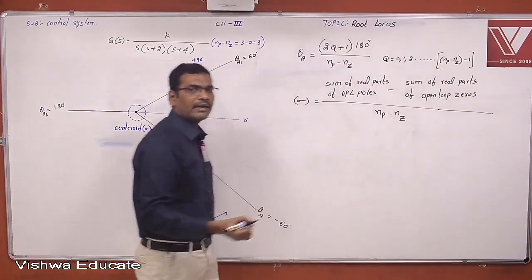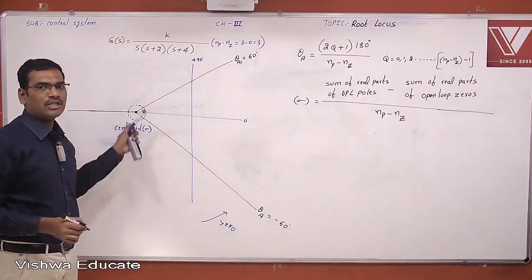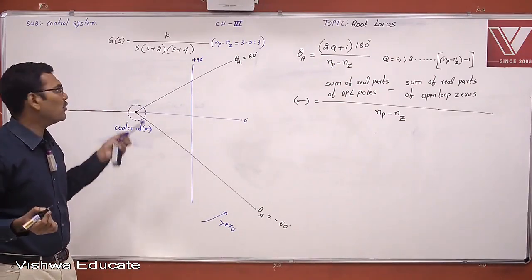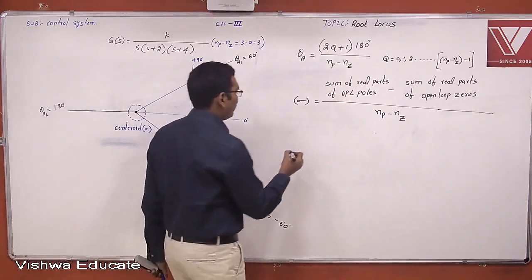Why the real part? Because this intersection point is on the real axis, therefore there is no need to consider the imaginary part. What is the centroid for this particular problem?